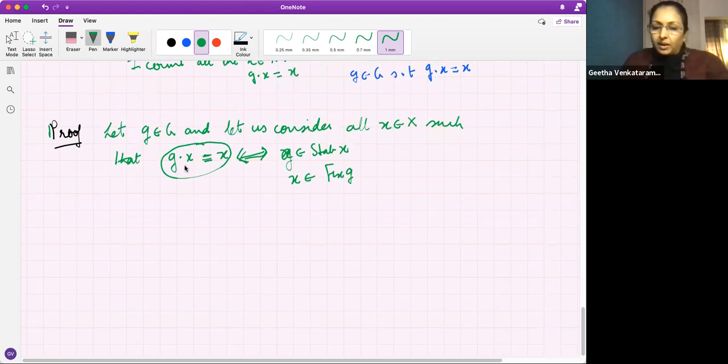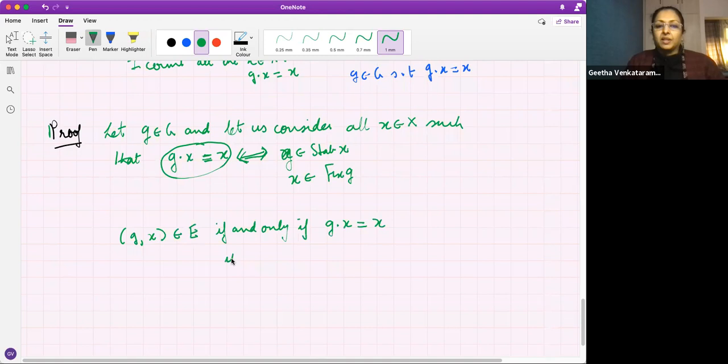So if I look at E, remember that (g, x) belongs to E if and only if g dot x equals x, which is if and only if g belongs to the stabilizer of x, and again it's if and only if x belongs to the fix of g.